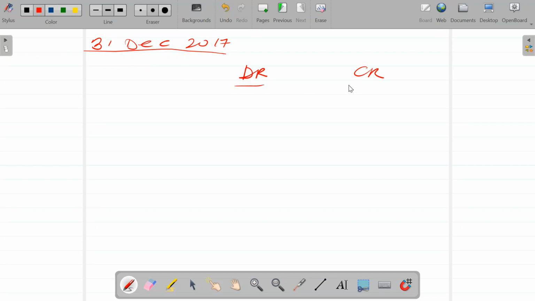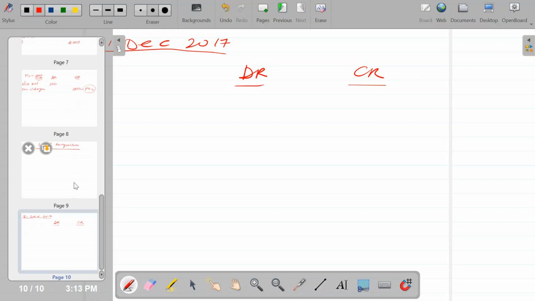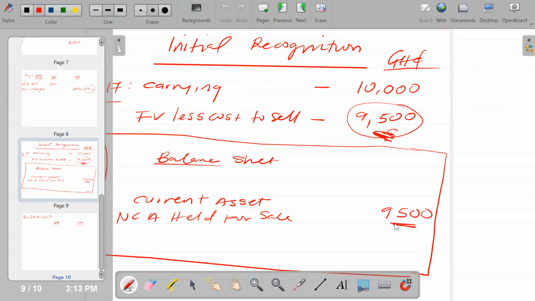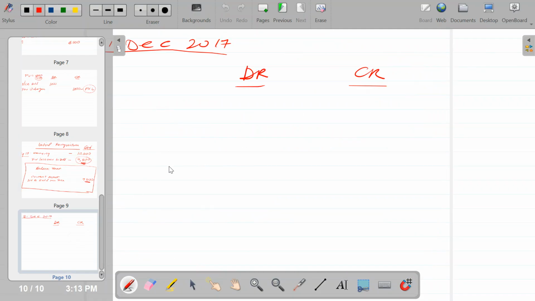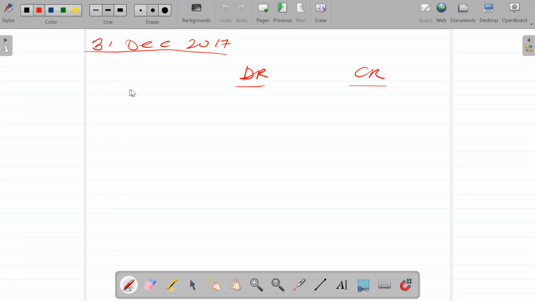Is that an increase or decrease? From 9,500 to 9,200, it's a decrease. So we have to credit the non-current assets held for sale, since we are reducing it, by 300.